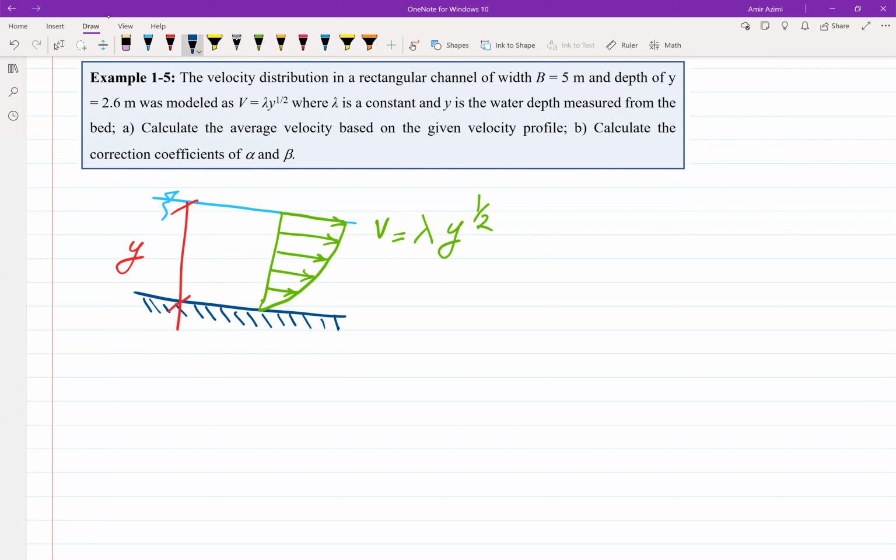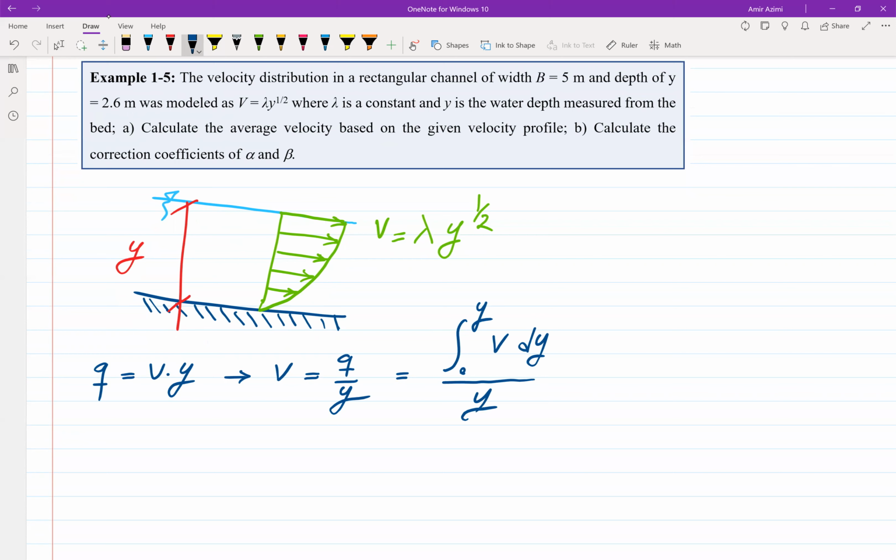We know that Q is equal to V times Y. Therefore, velocity is equal to Q divided by Y. So specific discharge is the integration from 0 to Y, V dy divided by Y. That gives you the average velocity.